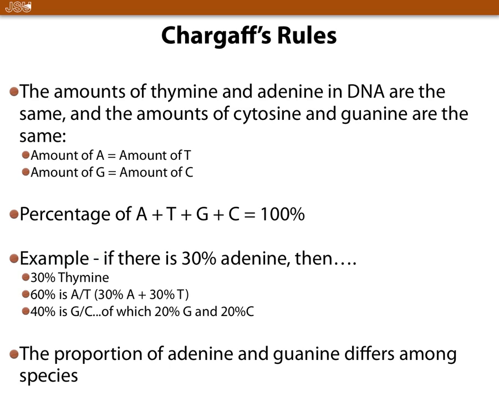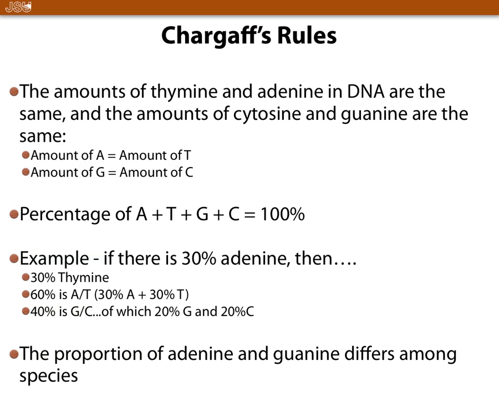So, Chargaff's rule. Remember what we said? You have to know the base pairing rules. A matches with T, G matches with C. You have to know Chargaff's rules. Chargaff said that the amount of A equals the amount of T, and the amount of G equals the amount of C. And that kind of makes sense because those are the ones that base pair, right?